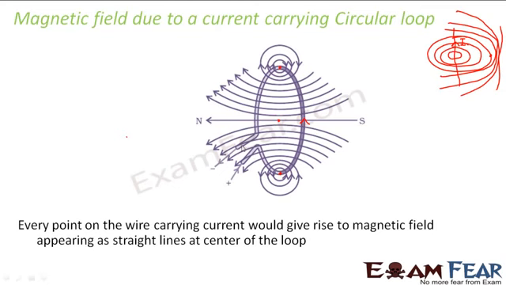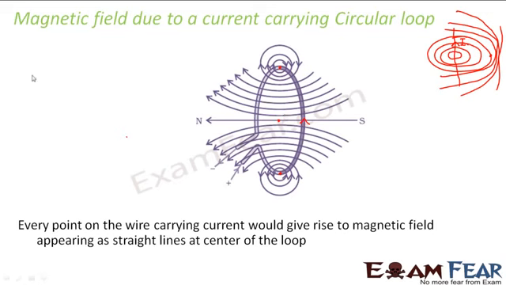So what would be the net result? The total magnetic field because of each of these points will give rise to magnetic field in the form of straight lines at the center, right? So this explains the pattern of the magnetic field.